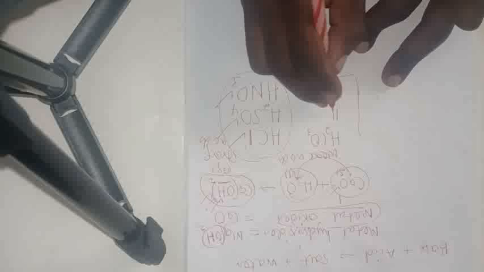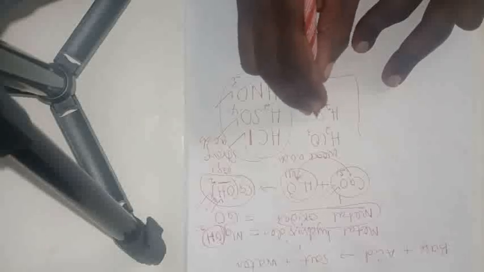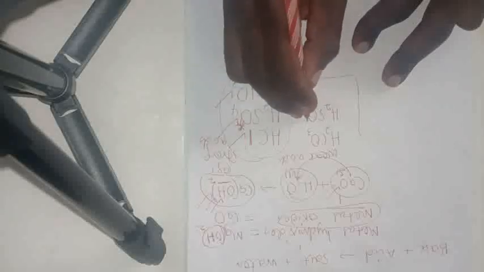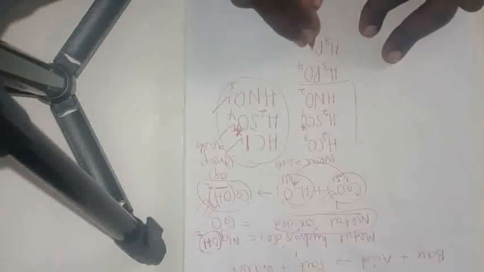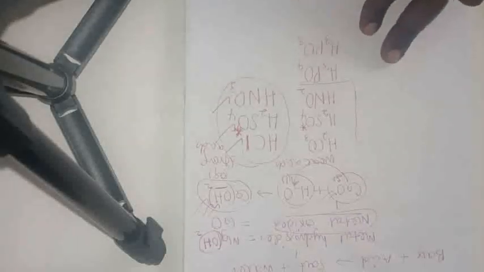You can have sulfuric (IV) acid, because this is sulfuric (VI), a strong acid. Sulfuric (IV) acid is a weak acid. Then nitric (III) acid is also a weak acid. You see? Nitric (III) acid. Then you have phosphoric (V) acid, which is also a weak acid, or phosphoric (III) acid is also a weak acid.